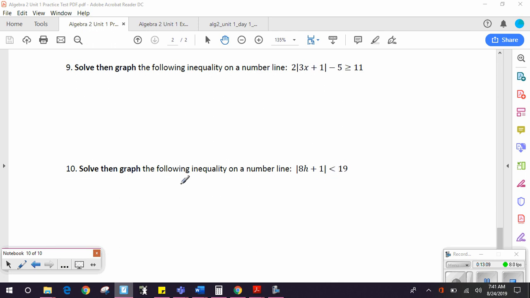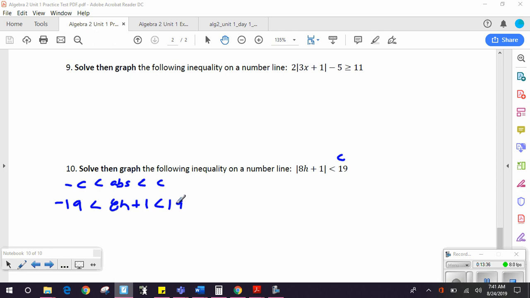So the setup for less than, again, is if this is C, it's negative C less than your absolute value content, which is less than positive C. So that means negative 19 is less than 8h plus 1, which is less than 19.